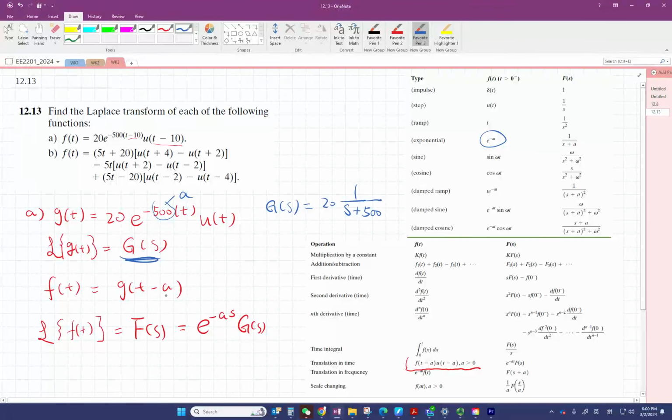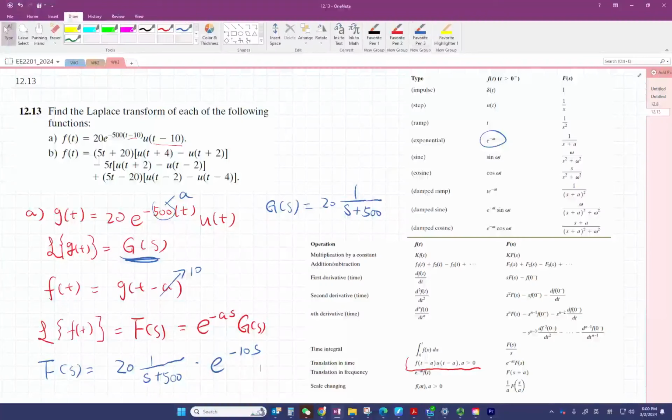Then we know g(t) here, and the time shift in this one, this a is 10, right? We shift by 10. So the final result F(s) equals 20 times 1 over s plus 500, multiplied by e to the order of negative 10s. Right? So that's the first question.